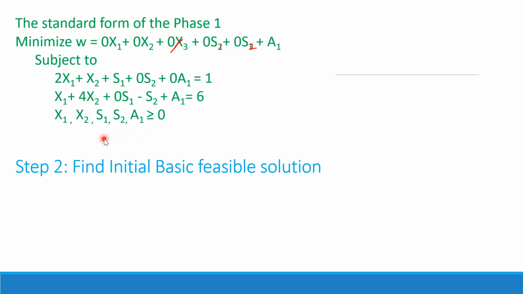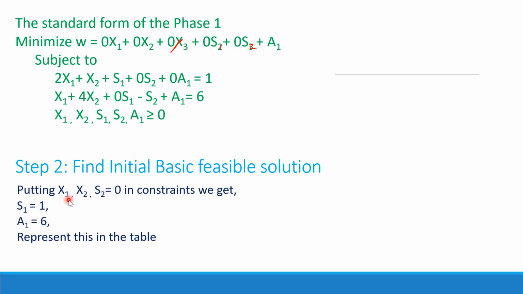So there will be only two basic variables starting in the table, s1 and a1. We'll put x1, x2 and s2 equal to 0, and we'll find the value of s1 equal to 1 and a1 equal to 6.